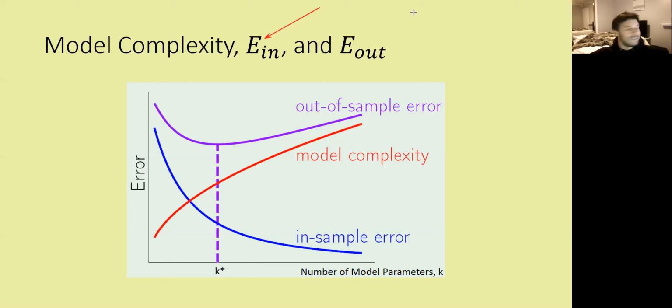So the in-sample error metric, we've talked a little bit about some measures that we can use to calculate this. For example, in linear regression, if you're using the OLS method to recover your parameter estimates, the in-sample error measure that defines our cost function was the sum of the squared residuals, or the sum of squared errors.